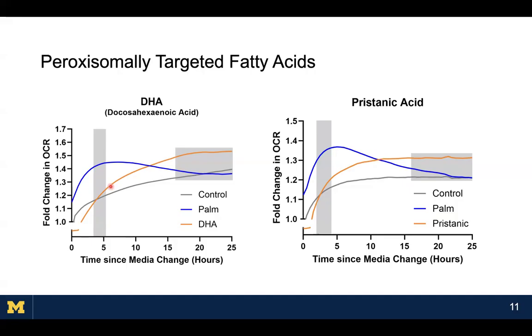This pattern is so consistent with other peroxisomally targeted fatty acids, though, that we so far have concluded that it is raising OCAR, and this is pretty new data, so I'd say that we haven't talked it through all the way yet. But that's certainly something that we should look into, and we're planning to do more DHA tracing studies in our cells in the future.